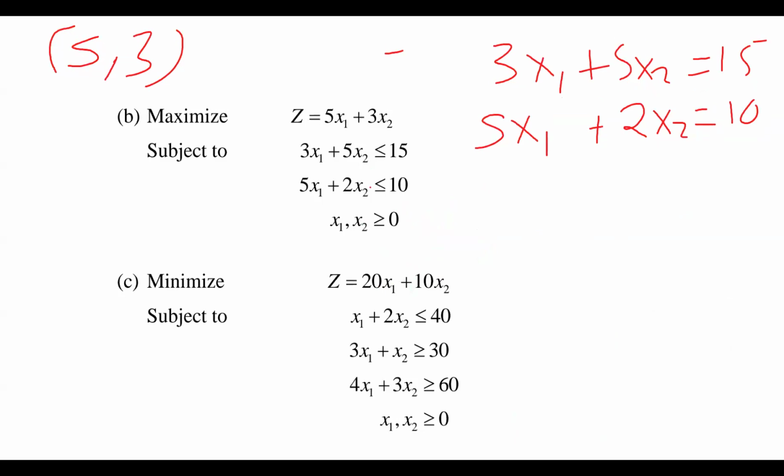We go to the next one, and the next one is 5x1 plus 2x2 equal to 10. I have a question here. When we find x1 to be 5, are we not supposed to substitute 5 where x1 is, so that 5 multiplied by 3 is 15 instead of the 0 you said?